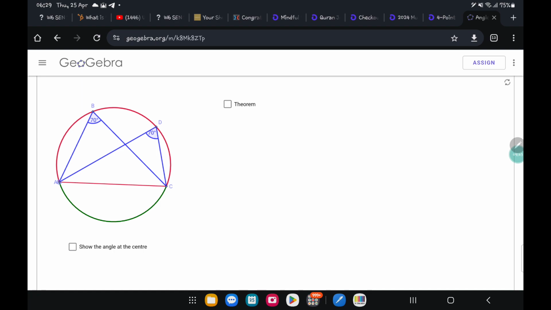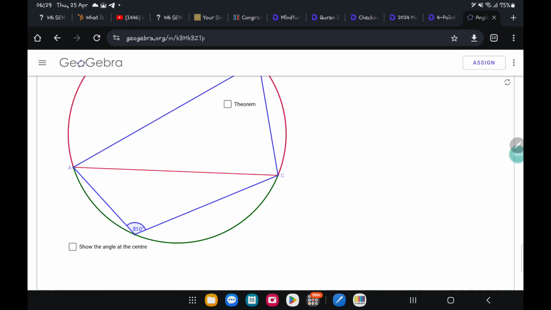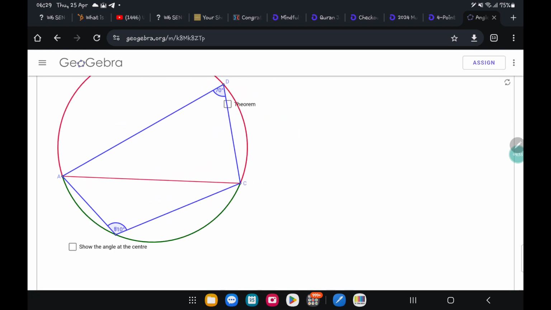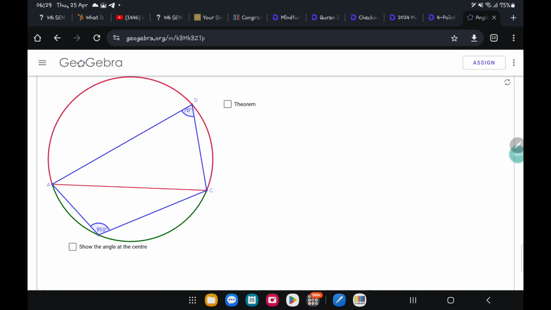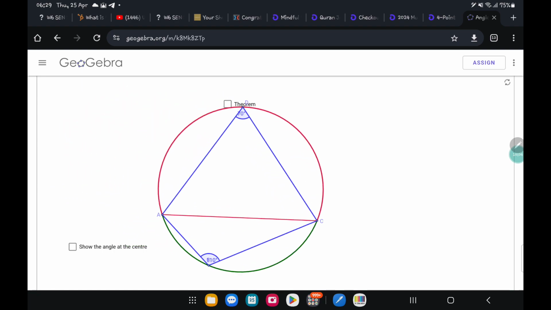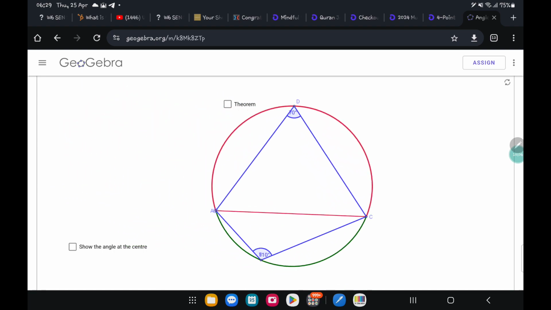Now I'm going to move B such that it goes in the opposite segment. What do you notice about the angle now? Angle here is 110, whereas the one above is 70. Let's try to find the relationship. Let me shift it here.